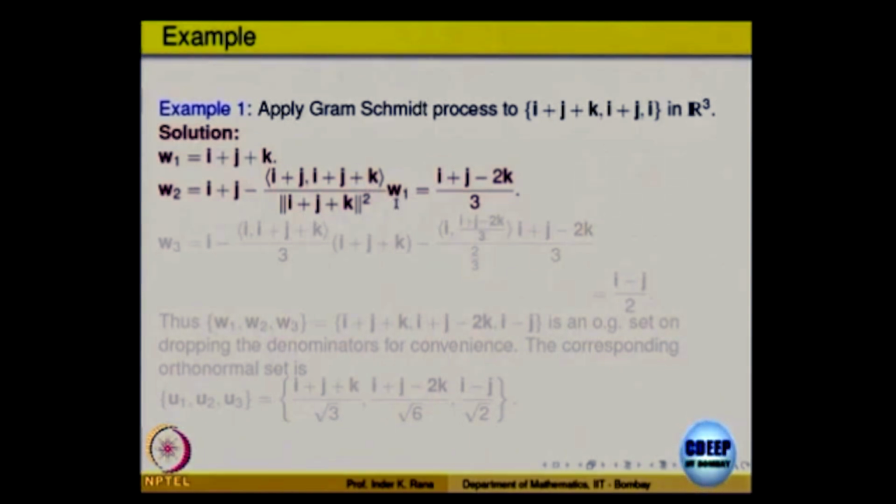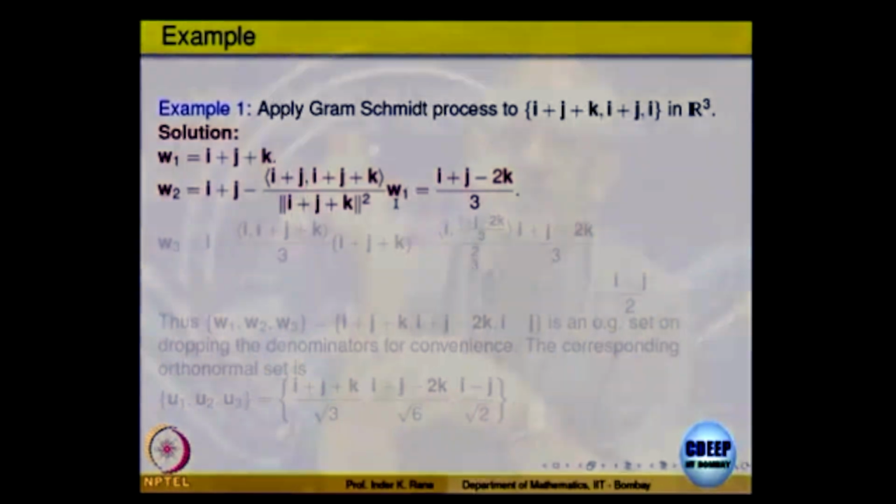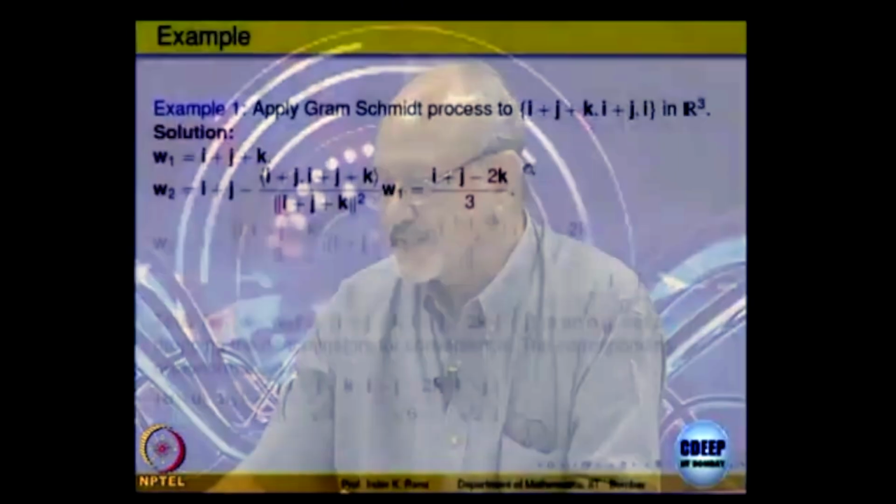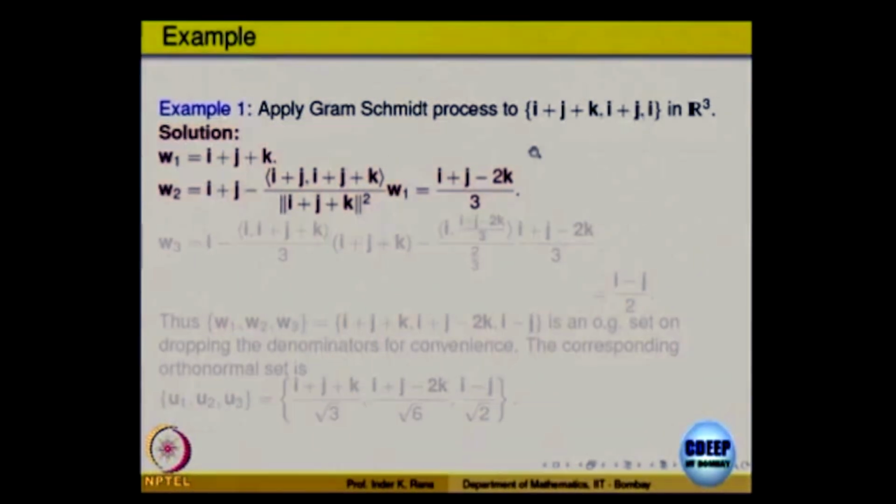So that is the part along W1 you are removing from V2. Essentially you have two components of V2, one in that direction, one in the perpendicular direction, right? Remove that component, and you are left with the perpendicular one. You can look at it that way also. So from i plus j, the second one, I am removing the projection onto W1, where W1 is the same as V1. Remove the projection, and you get a vector, this one.